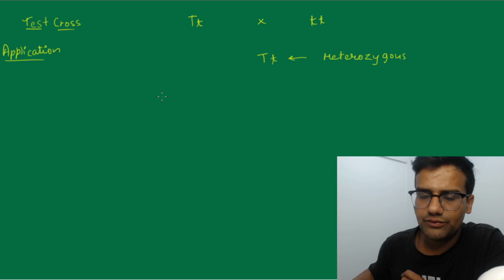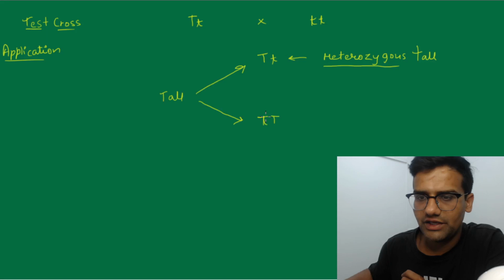The other genotype of a tall plant could be homozygous tall, capital T, capital T. So this plant is homozygous tall.